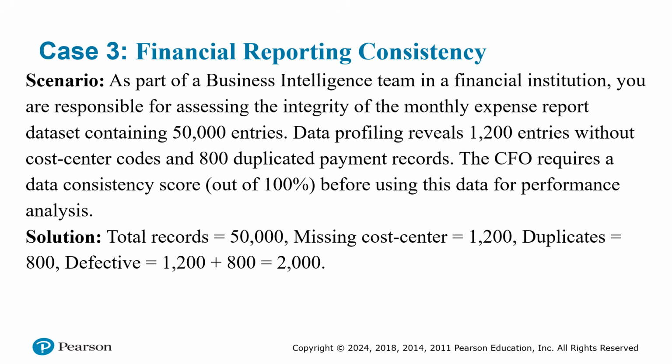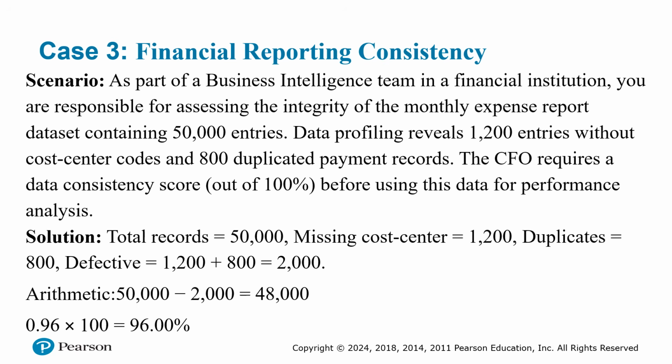So the total records are 50,000, and you are removing 2,000 which are defective, which should not be in the original records. So you remove them from the original records, and 48,000 is the actual record count. So you can easily find the percentage as well, which is 96% data accuracy.